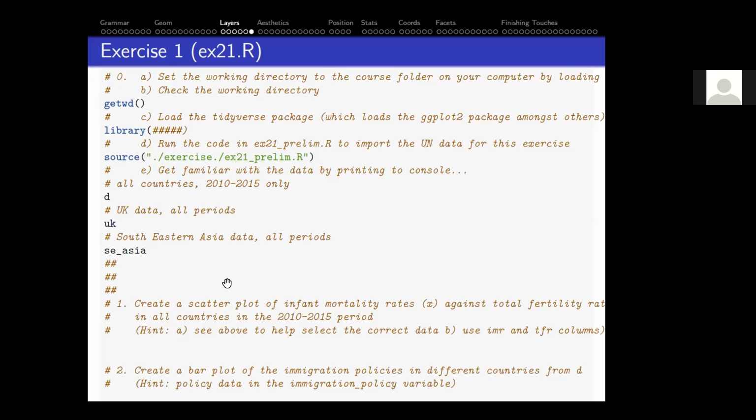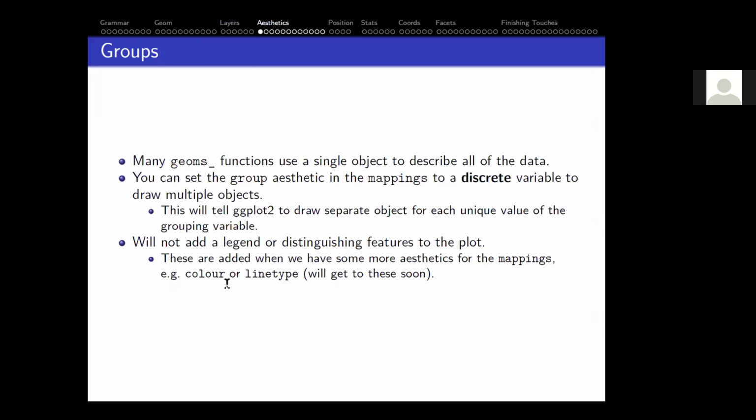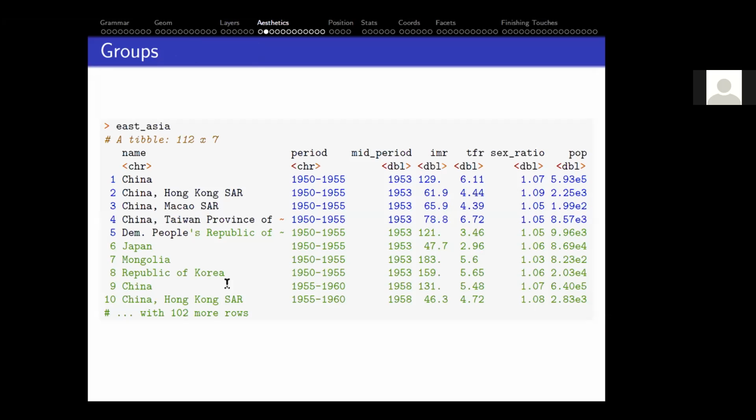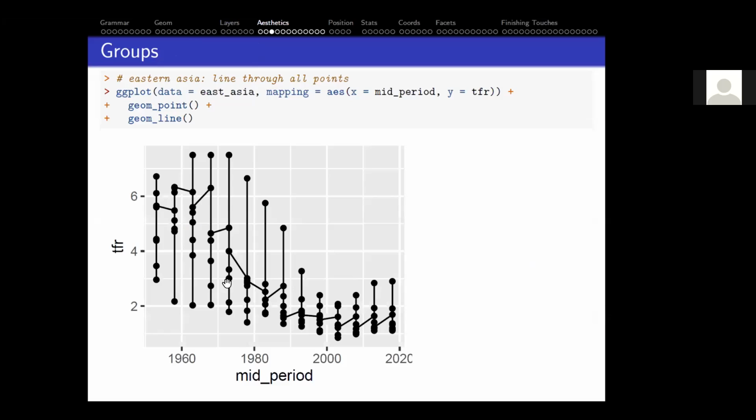So we talked about the geoms and the layers. The next part was talking about groups. So far we've treated all the data as the same, but perhaps we want different lines or different colors for different countries. This was an example showing East Asian data.